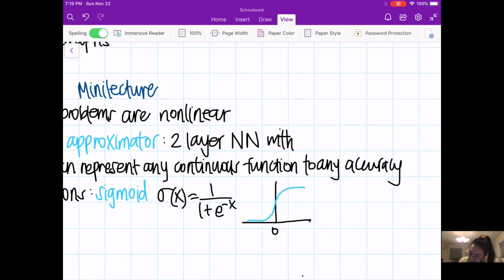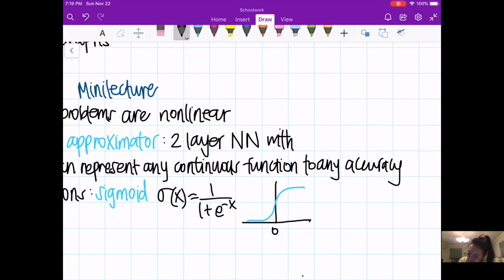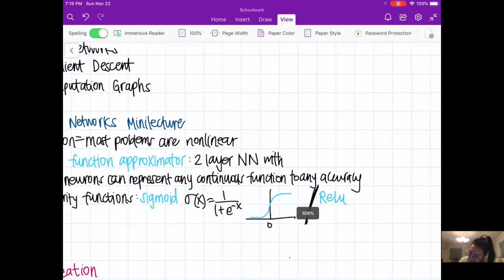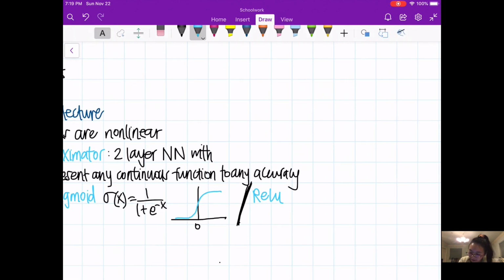So that's one of the main options, and then the other main option is what we call ReLU. So ReLU is a piecewise function. So we have f of x is equal to 0 if x is less than 0, and then x if x is greater than or equal to 0.